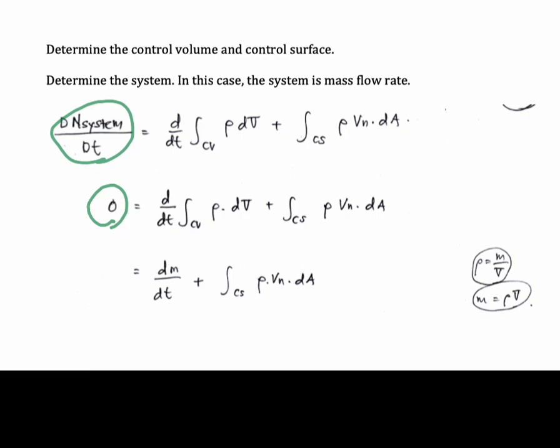So input must equal output, which means input minus output will give us a total of 0. So this is the conservation of mass. So for dN/dt here, if we are doing analysis about the mass flow rate, it is okay for you to assume it is equal to 0, because it is the idea of conservation of mass.